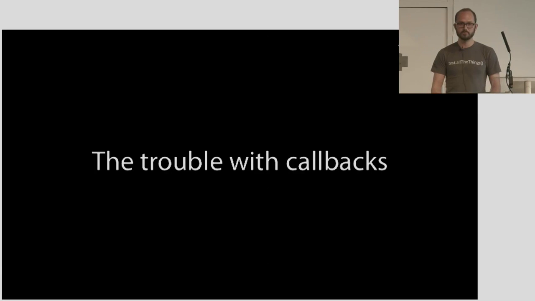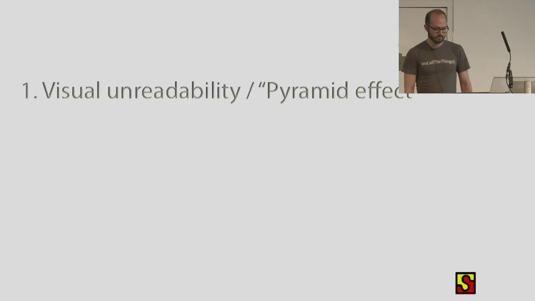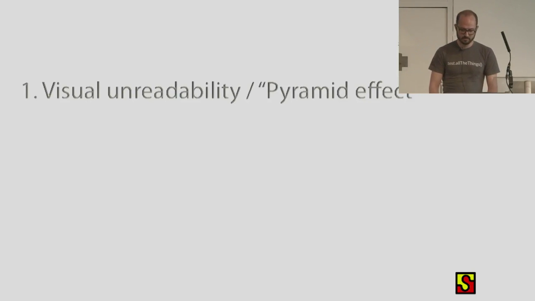So let's talk a little bit about some more problems that you can run into when using asynchronous code with callbacks, like in these examples. So something that people talk a lot about, which is more of an aesthetic thing than anything else, is the visual unreadability when you get lots of anonymous functions being chained into callbacks.